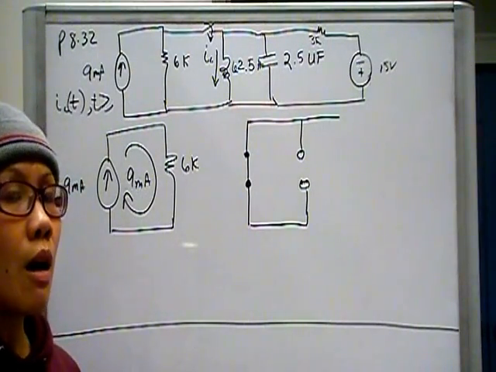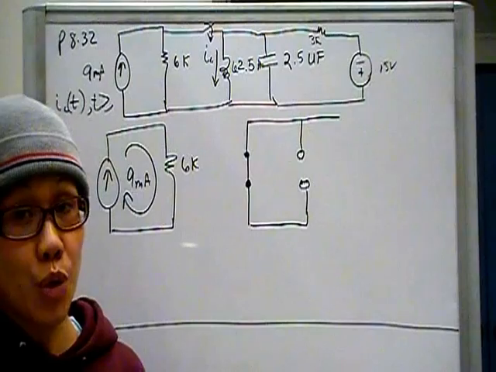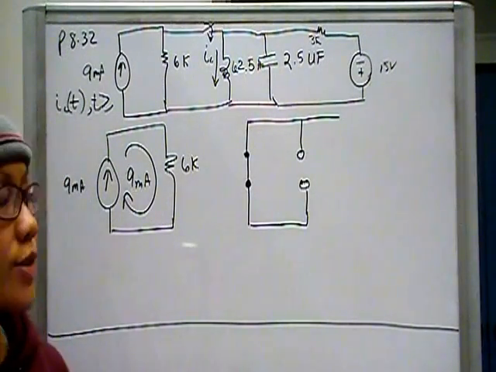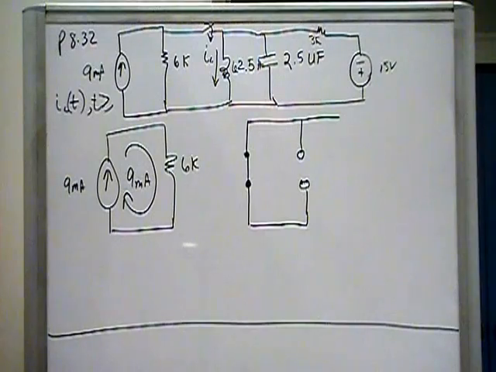So it's going to be in our interest to convert that voltage, which is in series with a 3K, into a current source. So we will do that via source transformation.